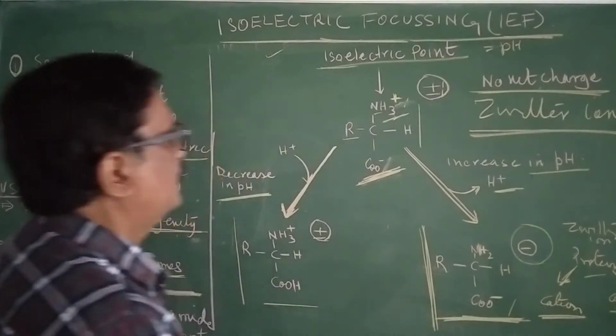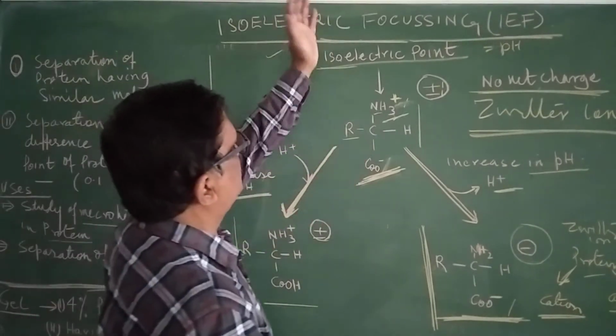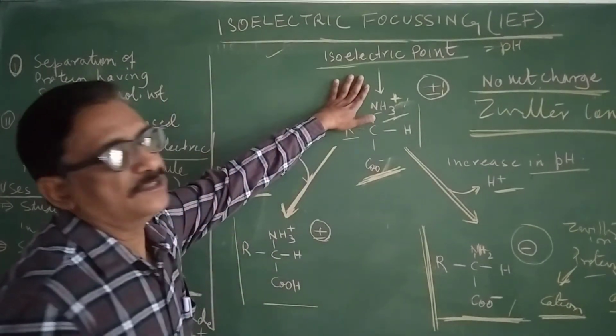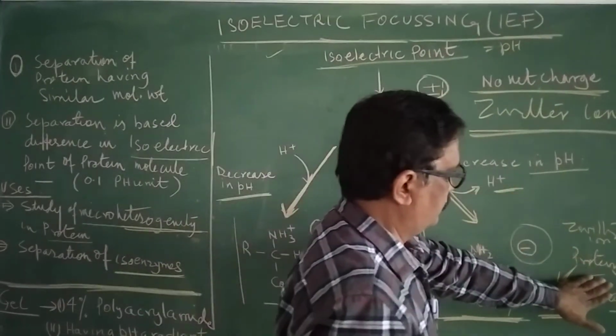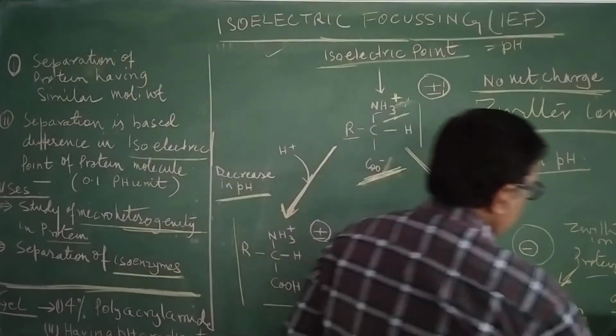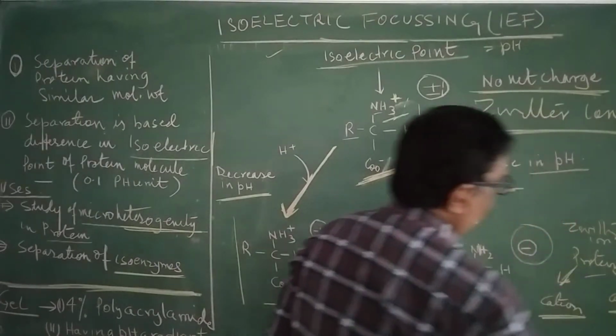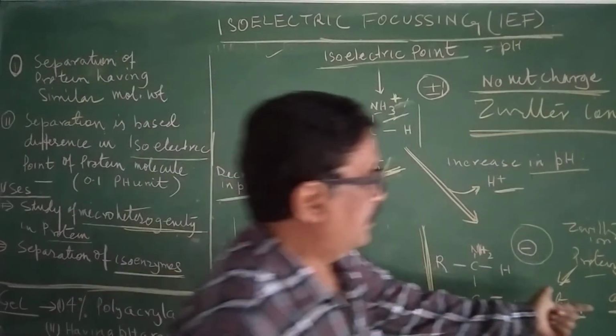That means if the pH of the medium is above the isoelectric point of that particular protein, it will be converted into an anion.